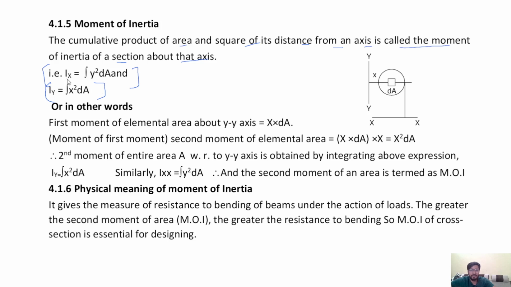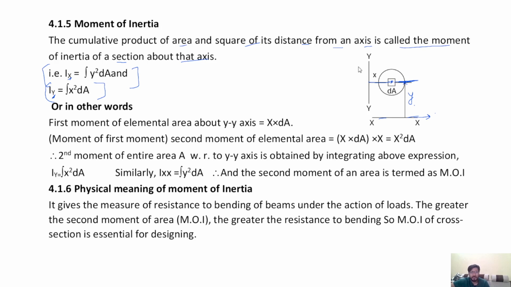Ix is the moment of inertia of the figure about the x-axis, Iy is about the y-axis, and y is the distance from the reference x-axis to the elemental area dA, and x is the distance from the reference y-axis to the elemental area dA.